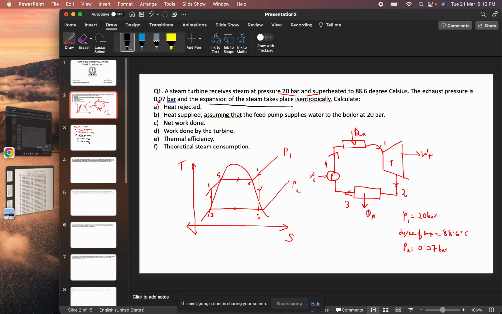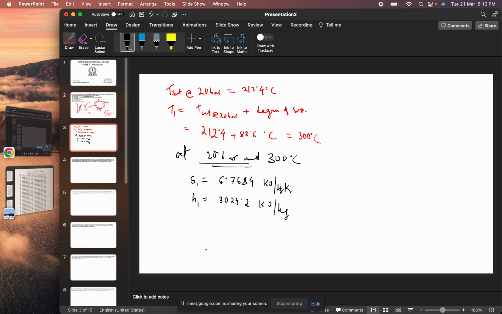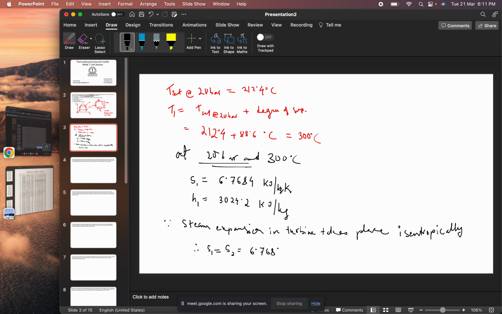Because the expansion of the steam in the turbine takes place isentropically, therefore my S1 will be equal to S2, and that will be nothing but 6.7684 kilojoule per kg Kelvin.